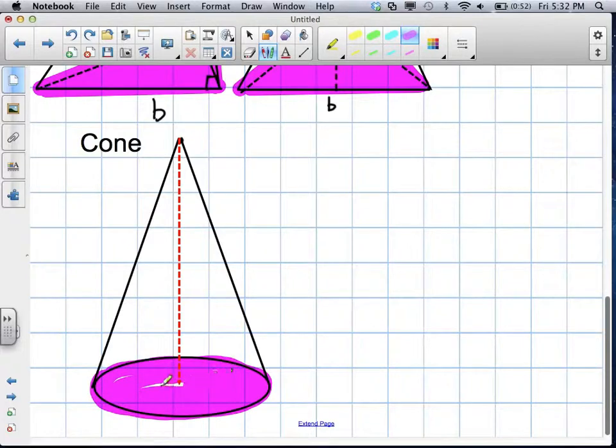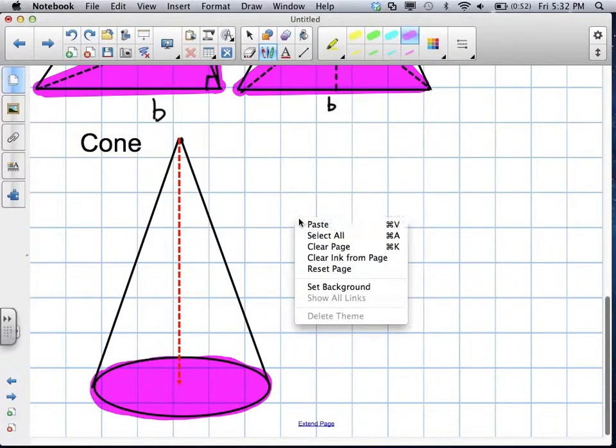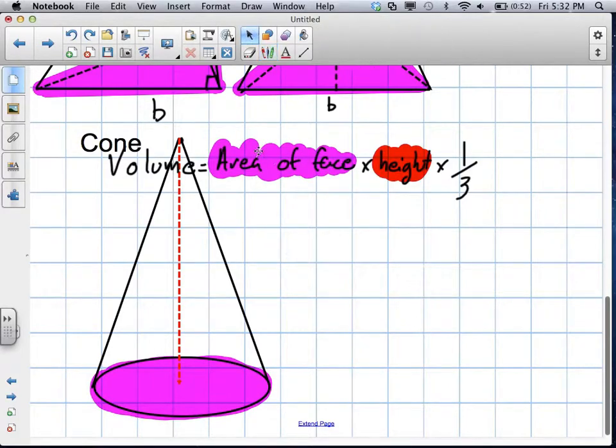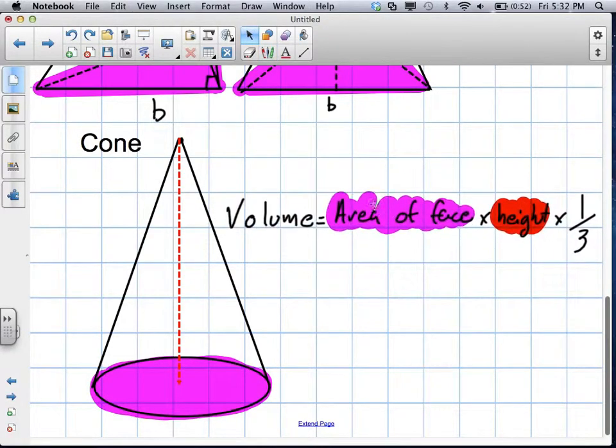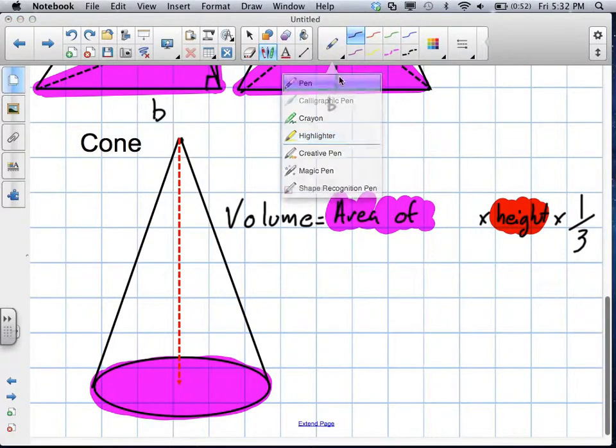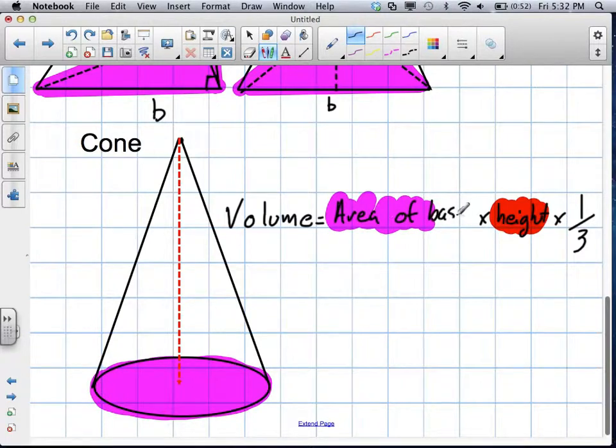Okay. Now, it's the exact same type of formula we had before. Put it in. We're going to change it from face to base, just so it's a little more consistent with what we have. And what is the area of a circle?